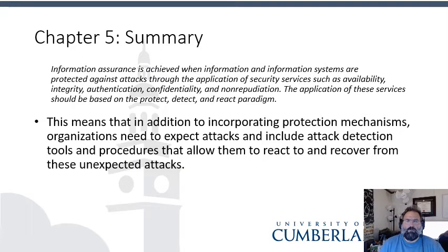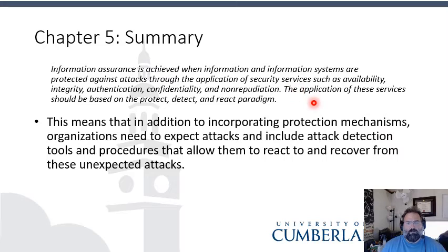So to state the context and start off with a bit of a summary, in the past we've talked about how information assurance is achieved when information and information systems are protected against attacks through the application of security services such as availability, integrity, authentication, confidentiality, and non-repudiation.